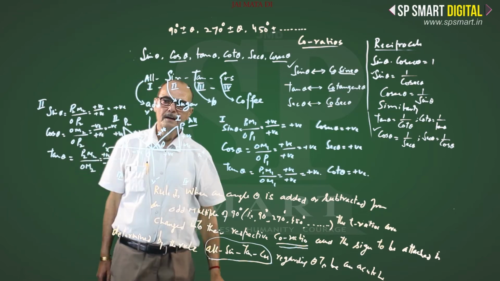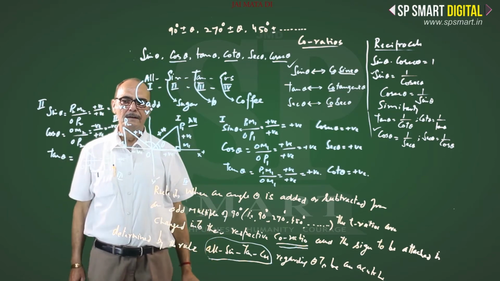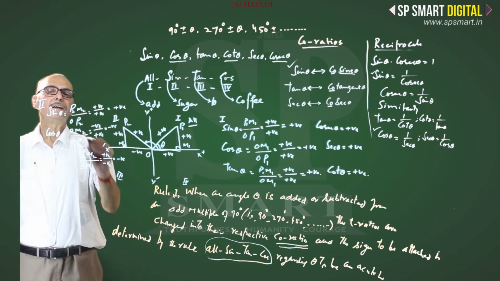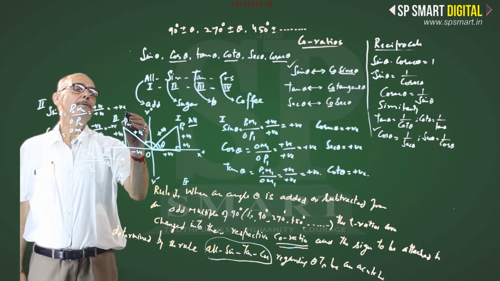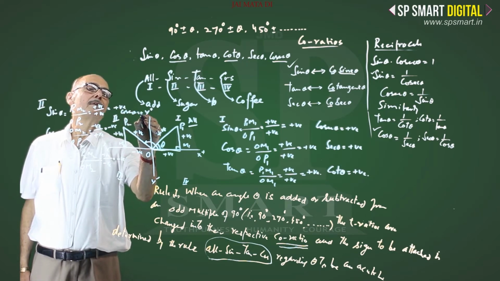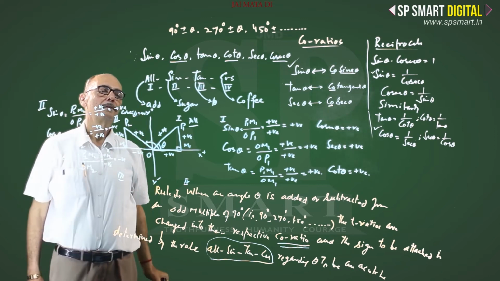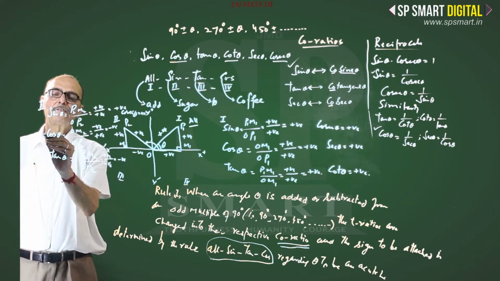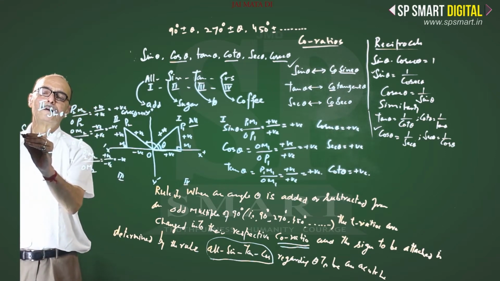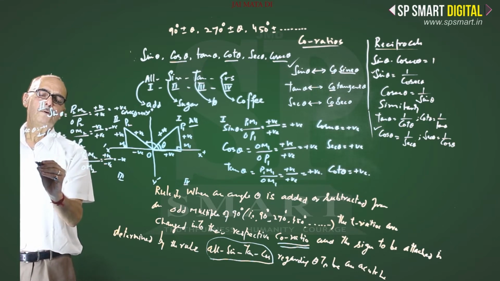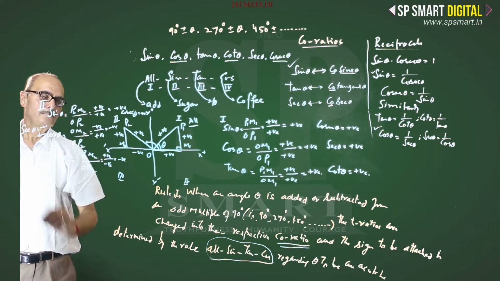Well, in second quadrant sin theta is positive, and obviously its reciprocal cosec theta will be positive. And if cos theta is negative, its reciprocal secant of theta is negative. Its reciprocal cot of theta is negative.